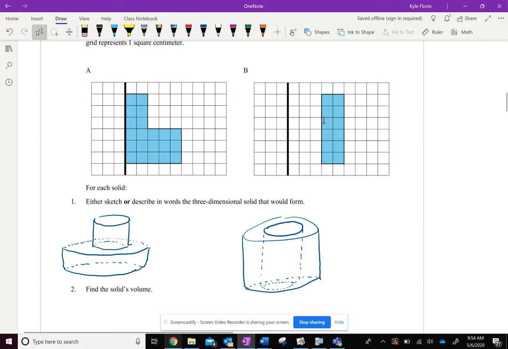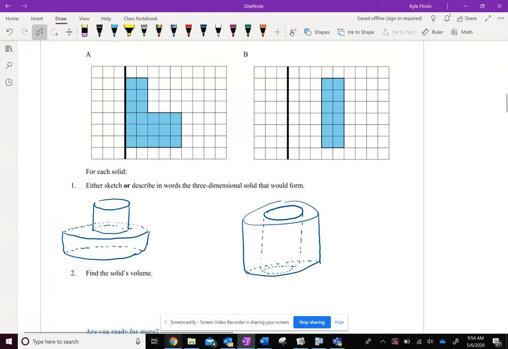The next question is to find the volume of the solids. It said sketch or describe in words. I didn't describe these in words, I just sketched them. But let's start plugging in some numbers. If I wanted to find the volume, I've got to find the volume of the two pieces.